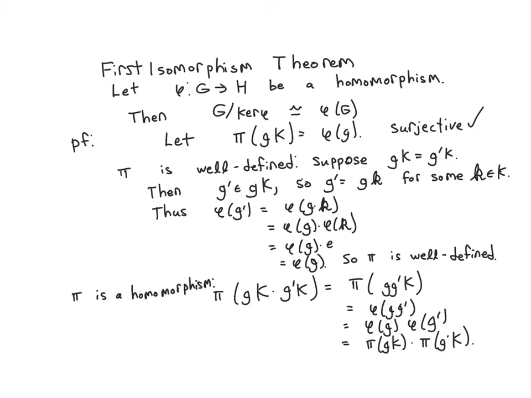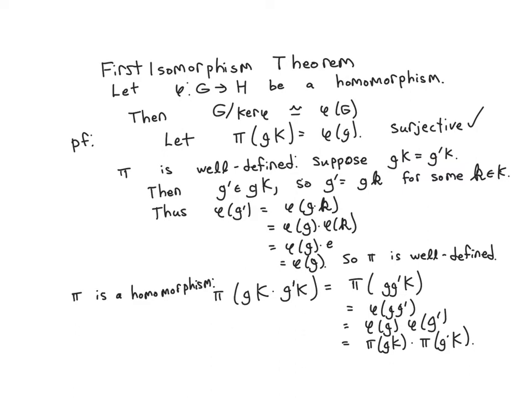But wait, we still have to check that this function we just defined is in fact well defined. Why? Because we defined it on cosets, and the formula we gave uses the coset representative. So we need to check that if you pick a different coset representative, you get the same result. So suppose we have two equal cosets.